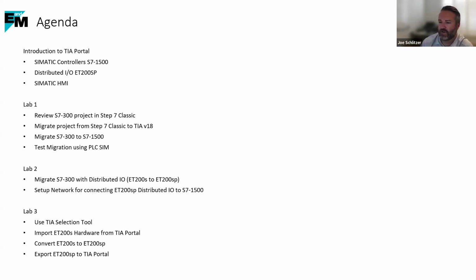And then after we do that, we will migrate an S7-300 that is already in TIA Portal to an S7-1500, and then we're going to test it out. So we're going to do a few different variants of that migration. And then I'm also going to show you how to convert your legacy hardware to modern hardware using the TIA selection tool.